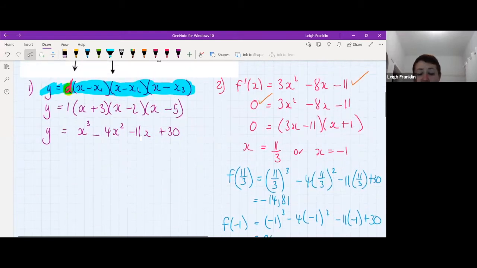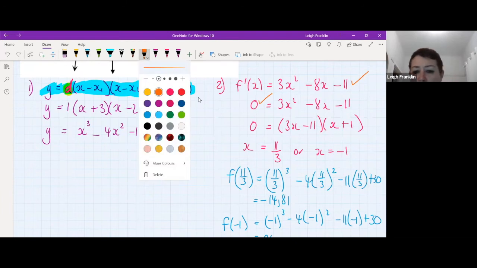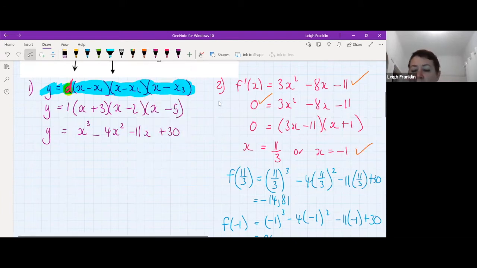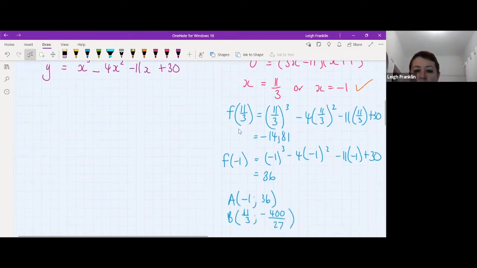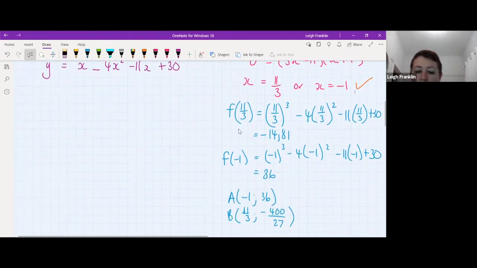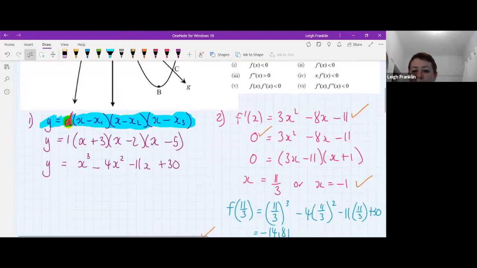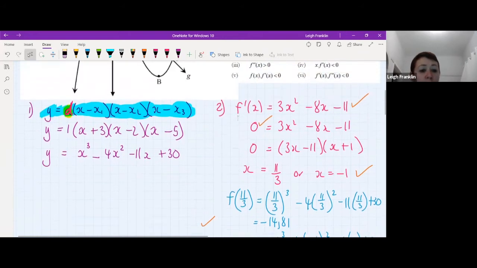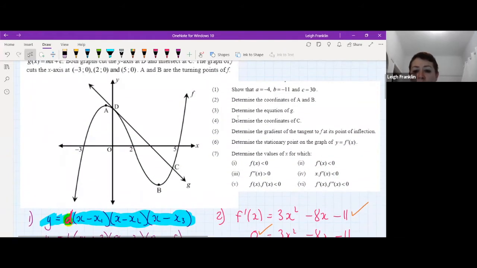Because this, guys, is like 5 easy marks, or should be 5 easy marks. So you would definitely get an answer for that, another one for subbing in, and then your B values. So that could be 5 easy marks that you must get.